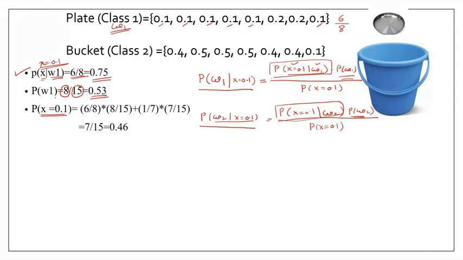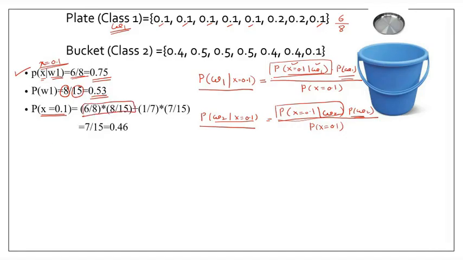Then probability of omega 1, how many times omega 1 objects are appearing in the total domain. So it is 8 by 15. Then I compute probability of x is equal to 0.1 itself.